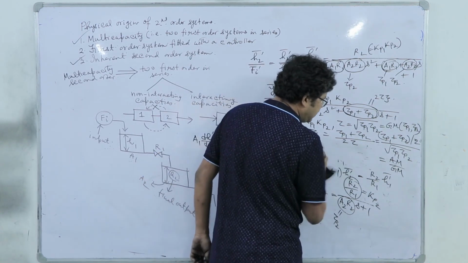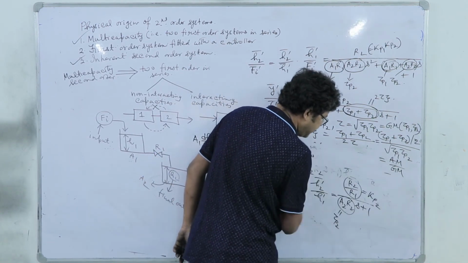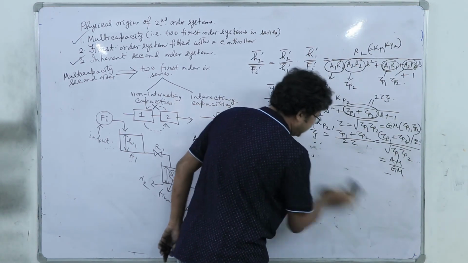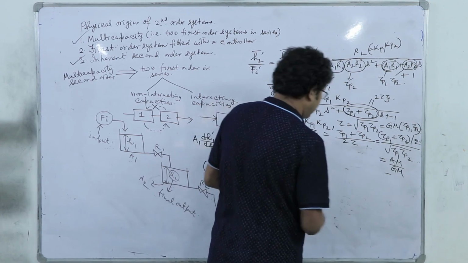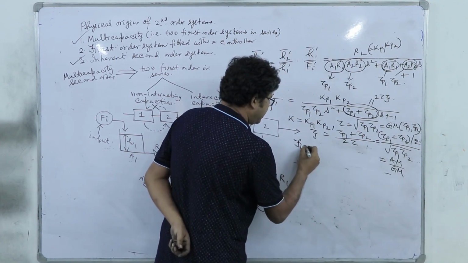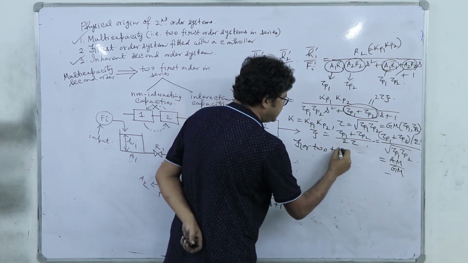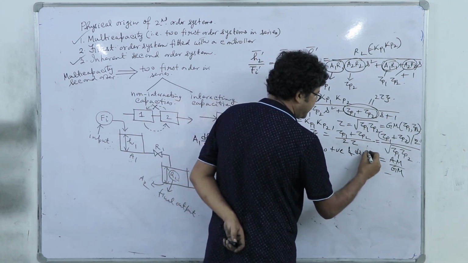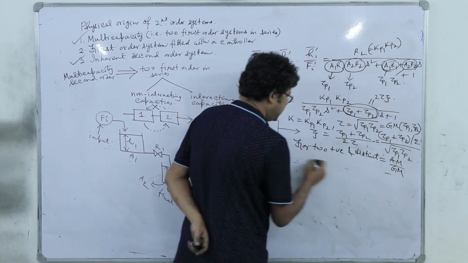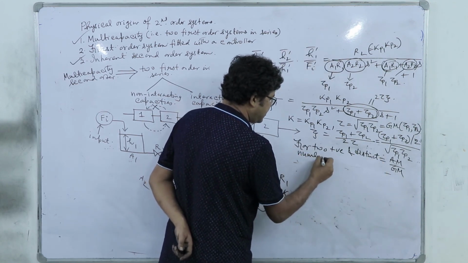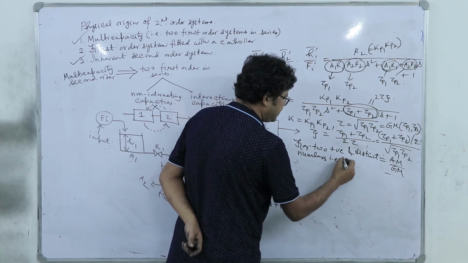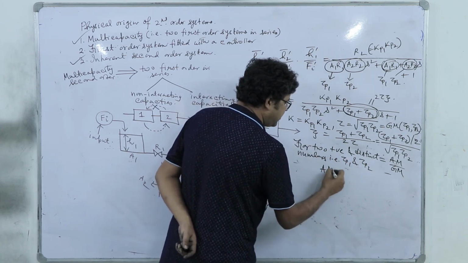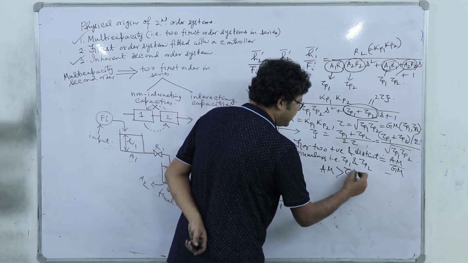Now, the point we have to note here is that for two positive and distinct numbers, that is tau P1 and tau P2, arithmetic mean is always greater than geometric mean.